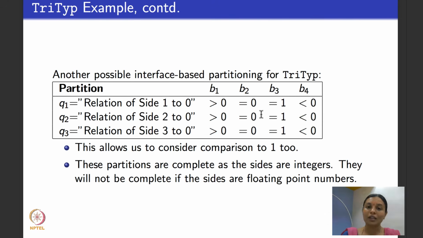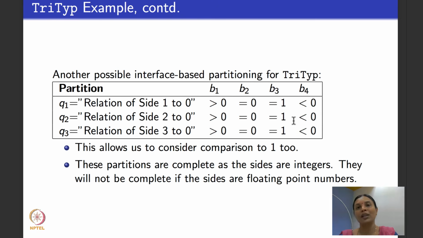It doesn't belong to any of these partitions, so it doesn't satisfy the completeness criterion. But for our program, the type of the 3 sides was integers, so these partitions are valid. You have to be very careful in determining whether a partition is valid or not. Based on the type of the domain, one partition could be valid for one domain type and invalid for another.